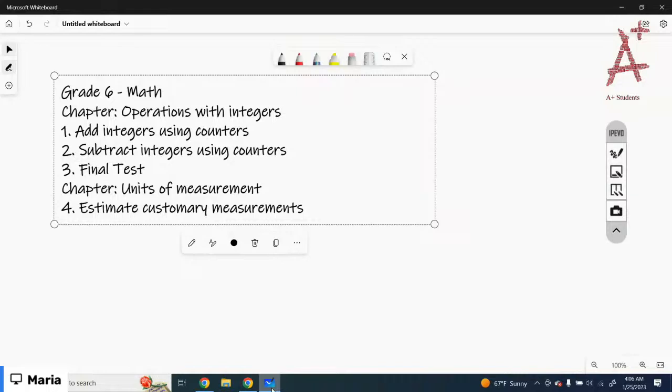So we're here for grade 6 maths. You can find all the lessons on aplusstudents.com.